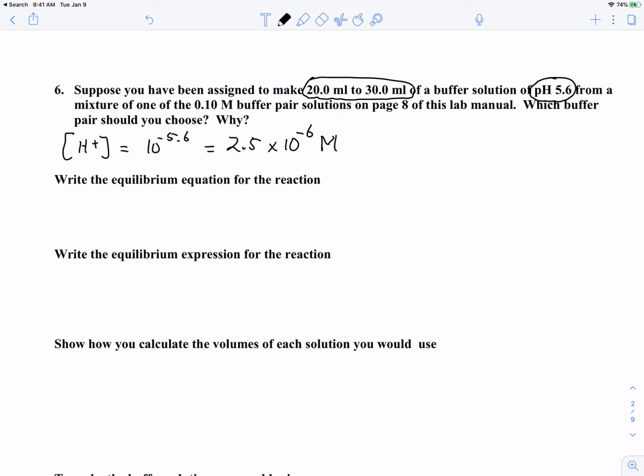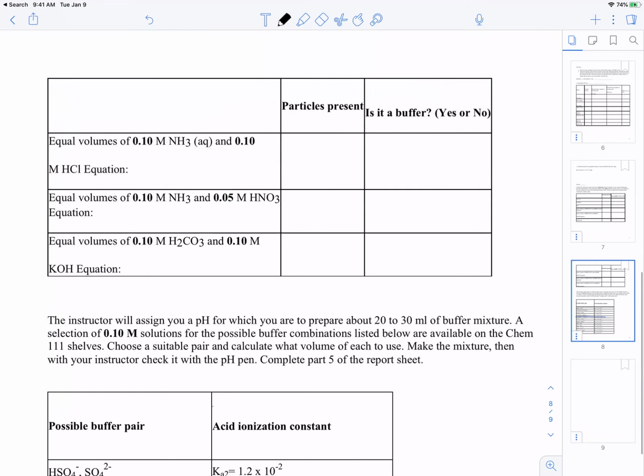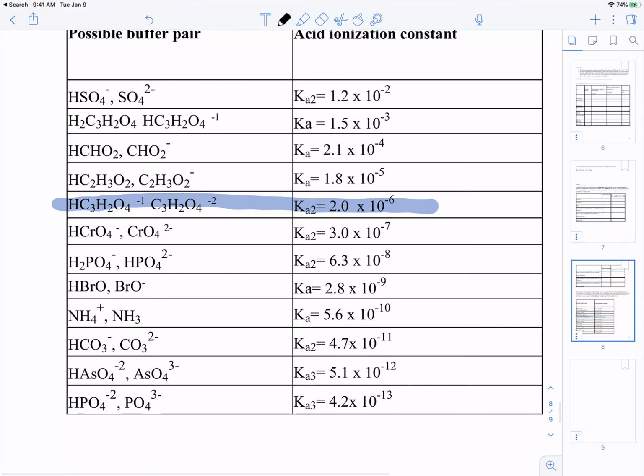So we want to find a buffer pair with a Ka that is close to the desired hydrogen ion concentration. If we go down to the last page of this lab manual, we will see that this buffer right here that I've chosen has a Ka, it's a Ka2.